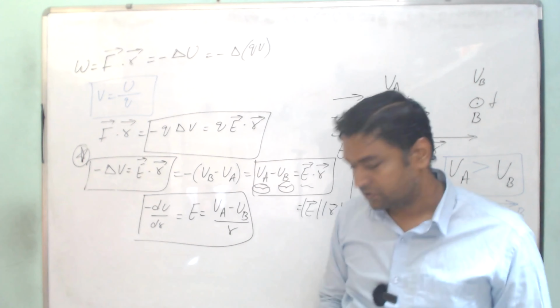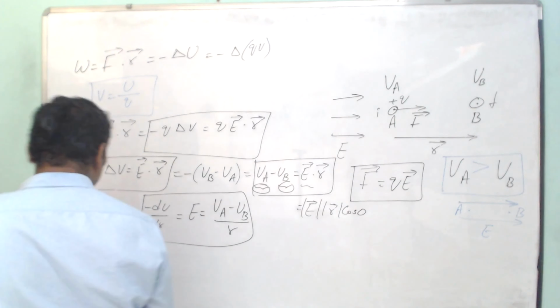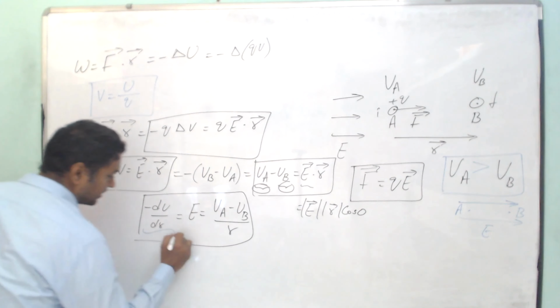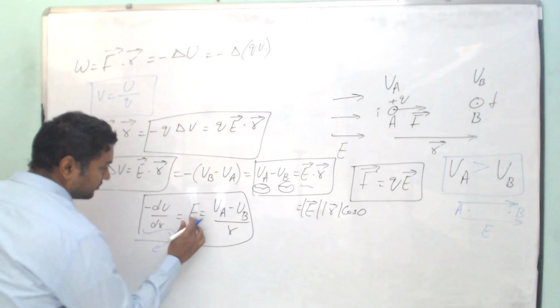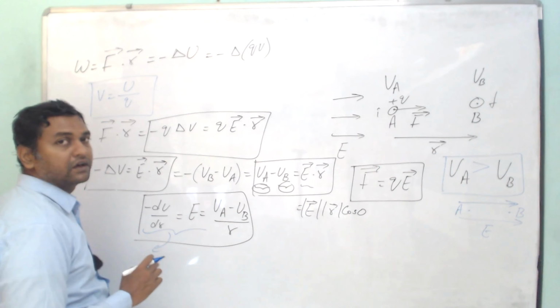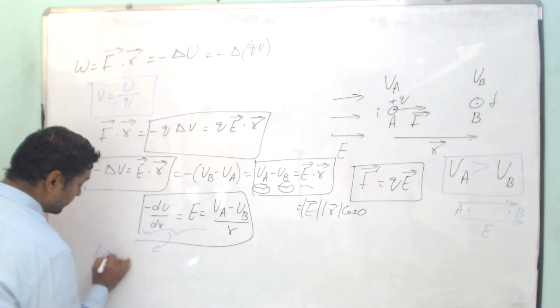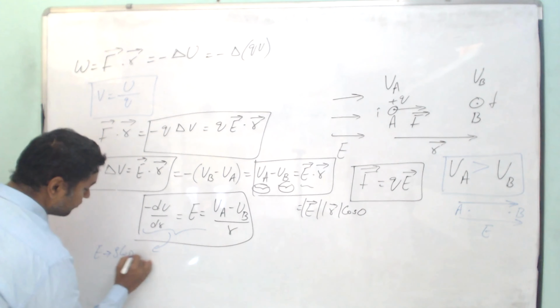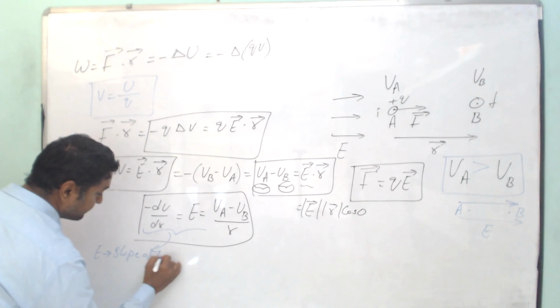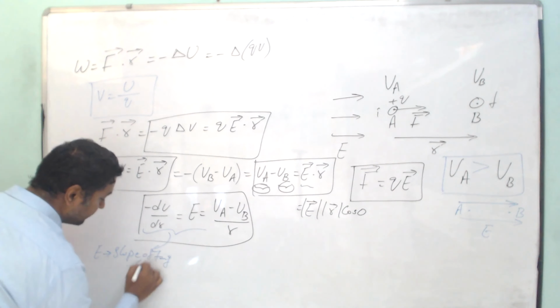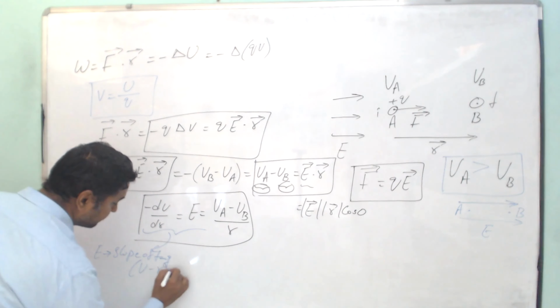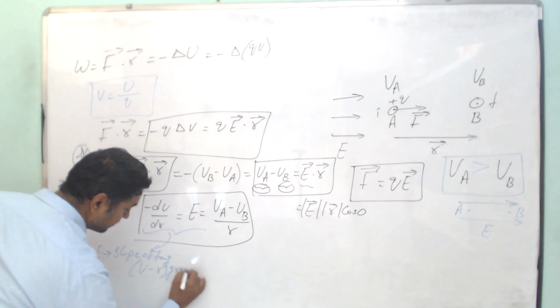What I am trying to say from this particular thing is that if E is equal to minus dV by dr, that means I can say that electric field is the negative of the slope of tangent in the V versus R graph. Are you getting my point?